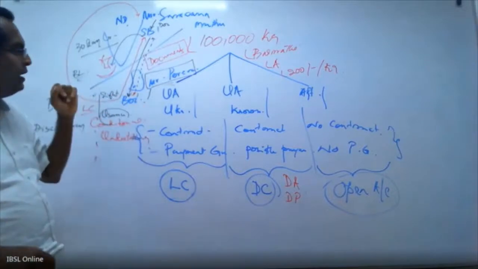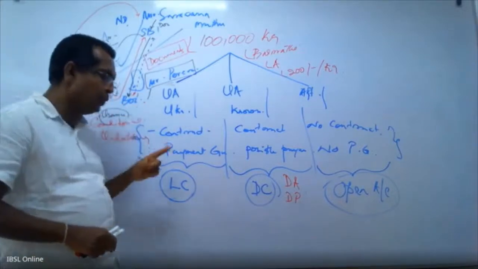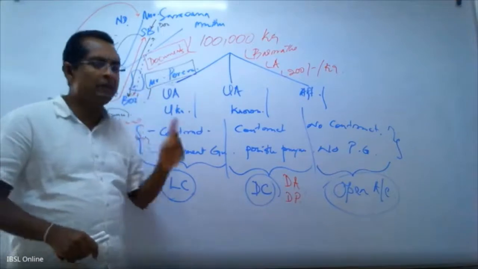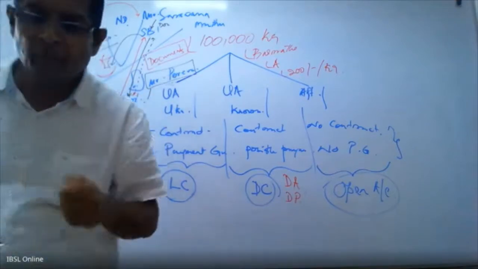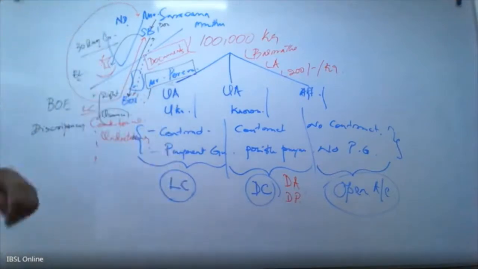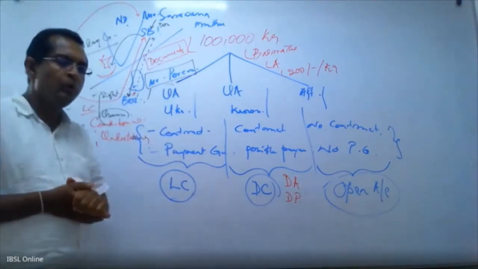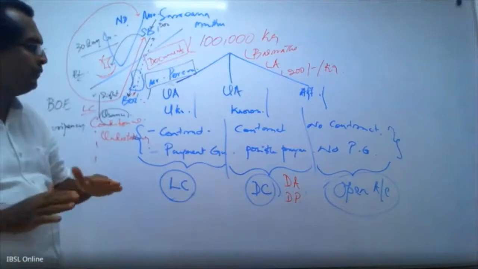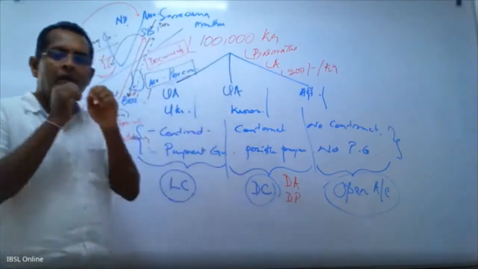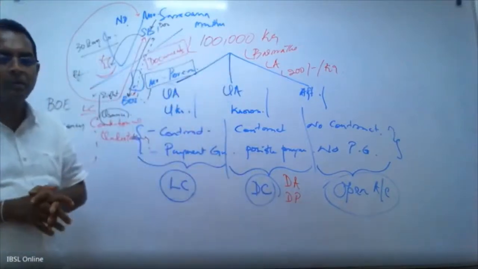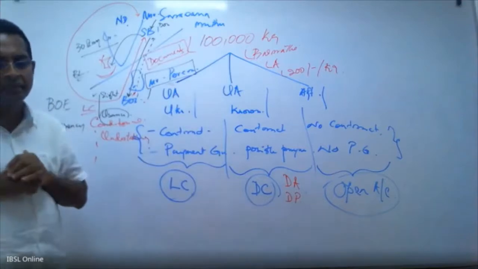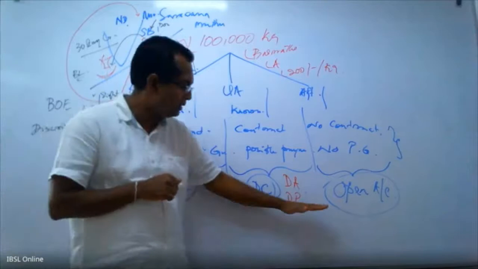What Bank of Ceylon will do is, we will call Mr. Pereira and say, there is a set of documents which has come on behalf of you. If it is DP, you have to pay us this amount and collect the documents. Right? Documents on payment.